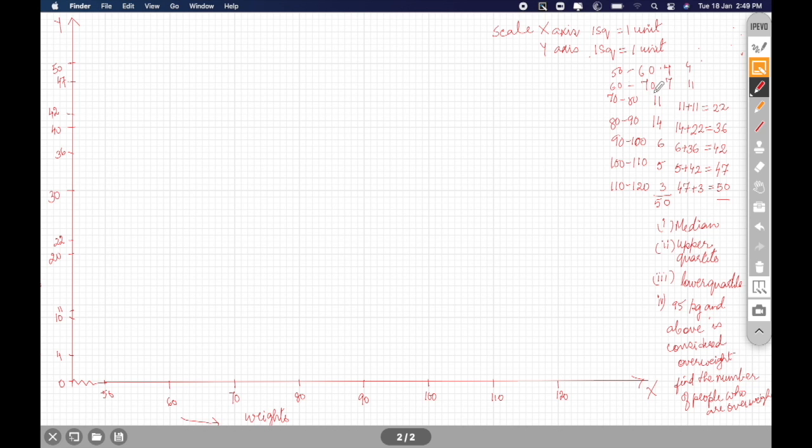So we have to now plot each of these upper class limits. First upper class limit is 60, second upper class limit is 70, and so on. And the cumulative frequencies are 4, 11, and so on. So for the first upper class limit 60, we have cumulative frequency 4. So here actually we are plotting cumulative frequency. Let me write it in the y-axis.